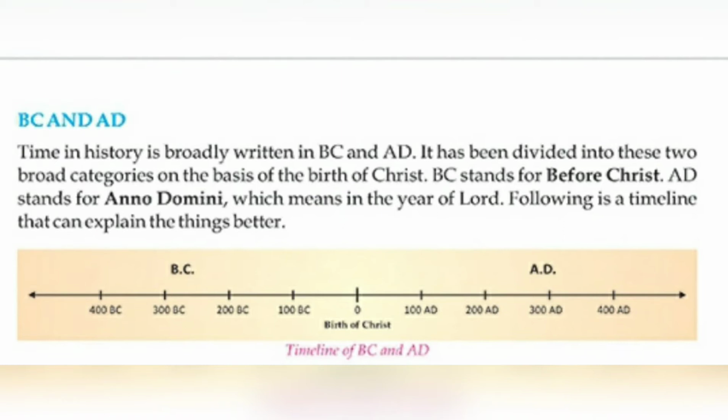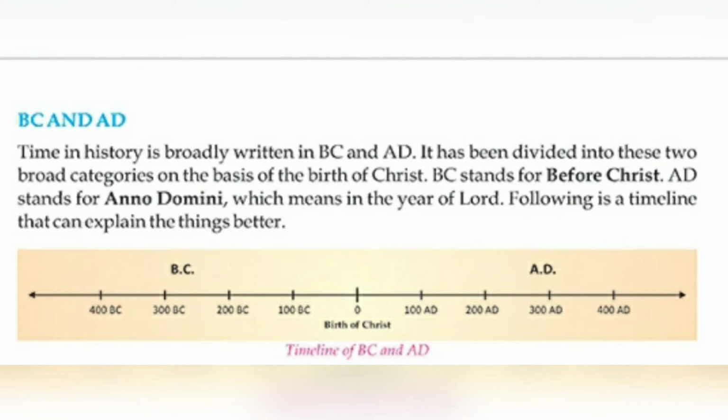BC stands for before Christ, meaning all the years before the birth of Jesus Christ. AD stands for Anno Domini, which means in the year of the Lord.